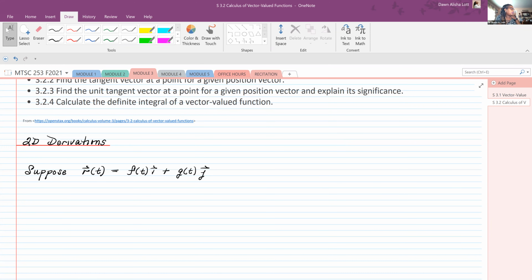Okay, so this is my function, and this is a position vector of a particle moving along a curve.